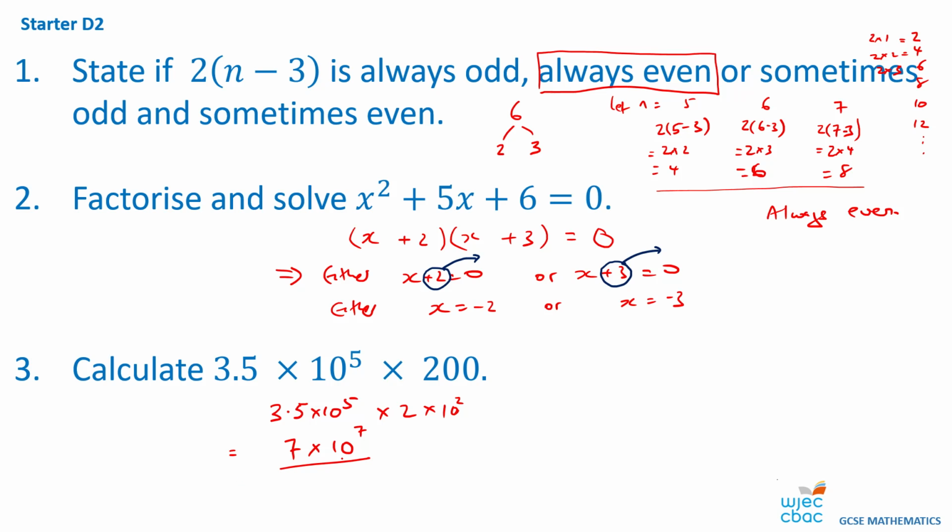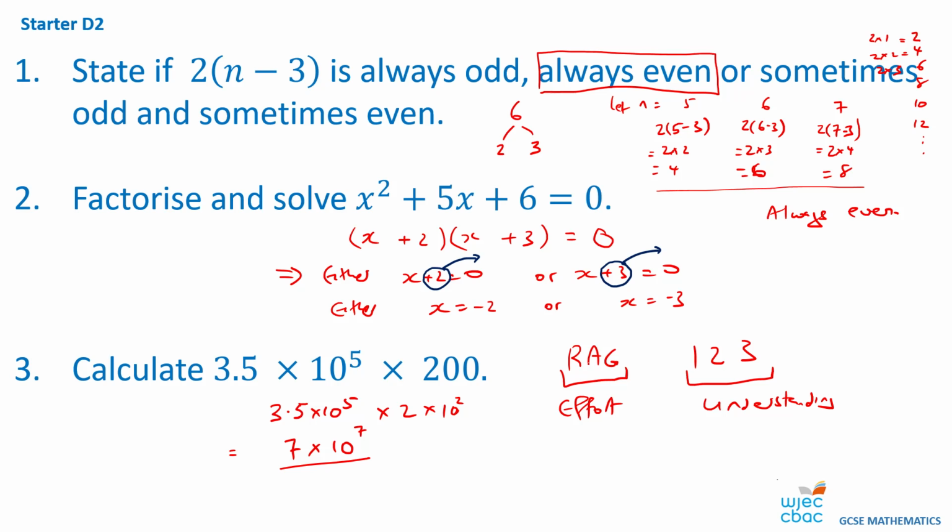So what I want you to do now is to make corrections where you need them, and then RAG your work. So remember, RAG is for effort, 1, 2, 3, understanding. So green is plenty of effort, did it properly.